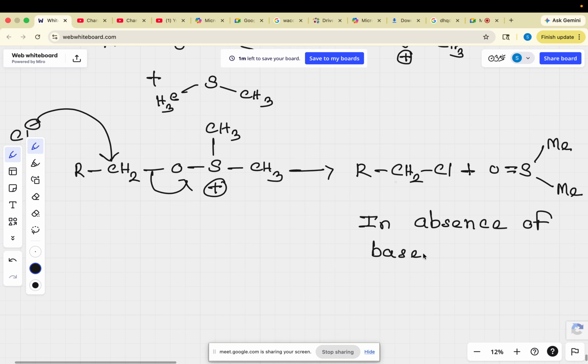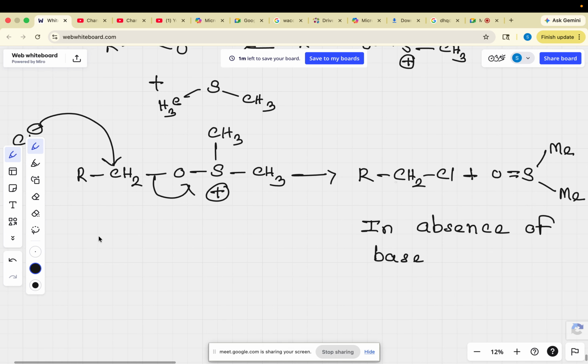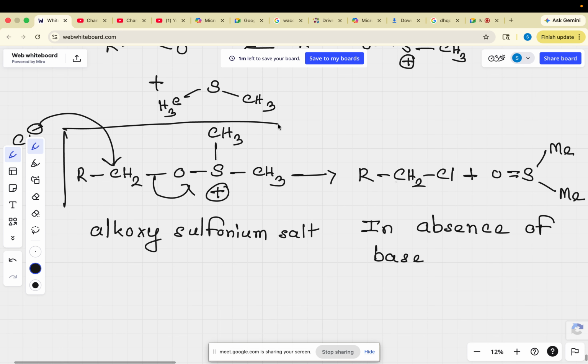Yes, sir. And this intermediate has a name. So write down, this has a name, alkoxy sulfonium salt. Okay. This intermediate has a name, alkoxy sulfonium salt.